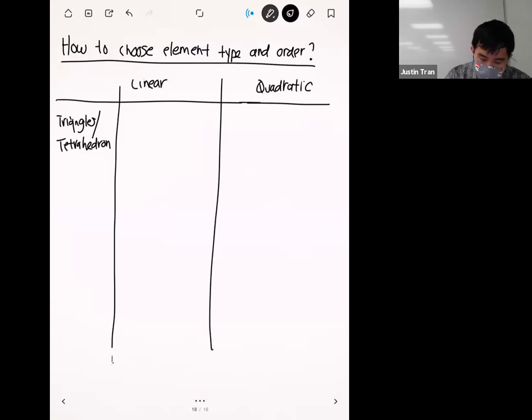All right. And so what are some pros and some cons for the triangular element types, for the triangles and tets? One of the biggest benefits, and the biggest reason why you would choose triangles or tets, is that they can be used to mesh any geometry.